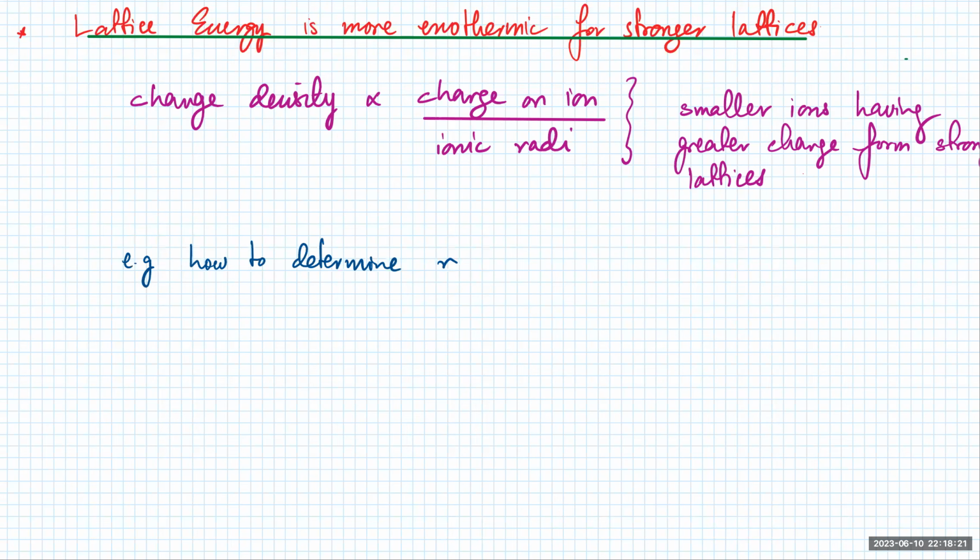So how to determine the relative size of ions? For example, I have oxygen, which is 2 minus, neon, and magnesium, which is 2 plus. Magnesium is 12, neon is 10, and oxygen is 8, by proton number. Which one do you think is the smallest ion, and which one is the biggest?